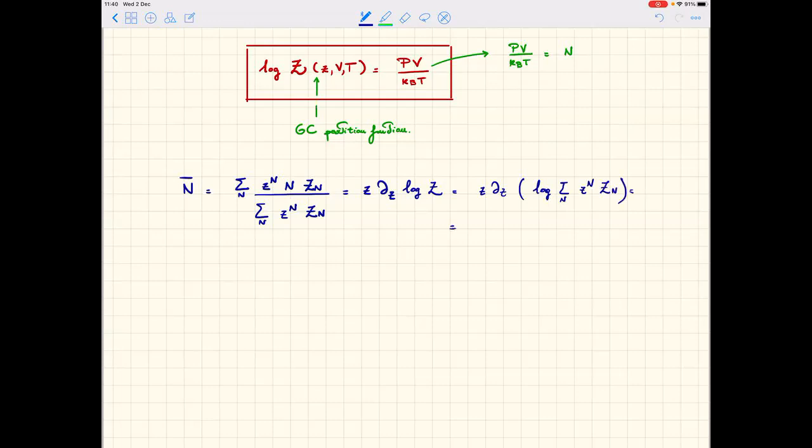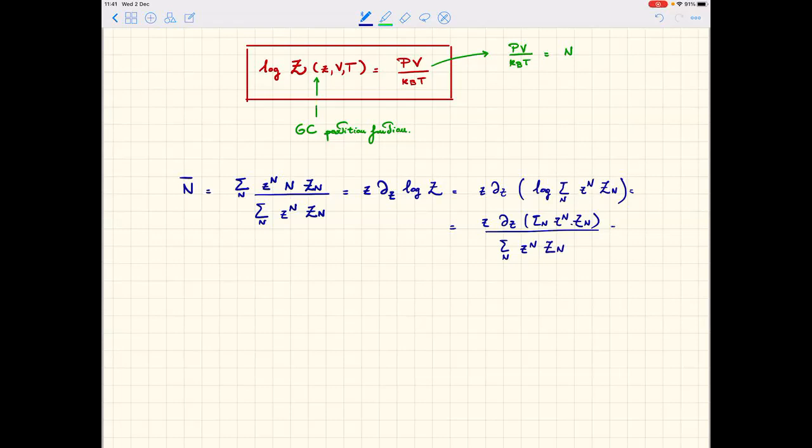If you do this derivative, it is equal to z times dz of the sum over n of Zn z^n, divided by the sum over n of Zn z^n.